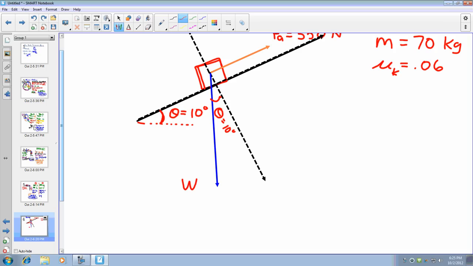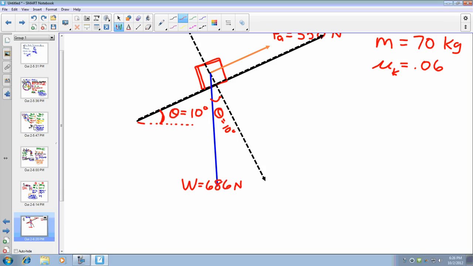And if we find the weight of our object, and really this is the weight of myself and the bicycle as I'm biking, our weight is going to be 686 newtons. Now, what we want to do right away is find the x component and the y component for this weight, because this weight that we see coming straight down is the applied weight, the force of gravity working on me.